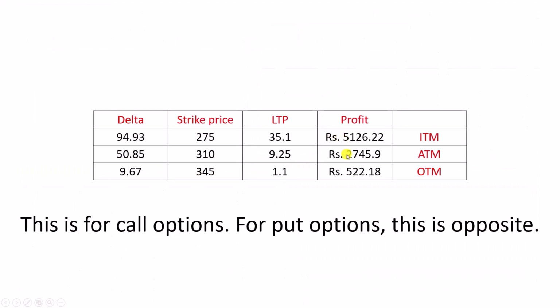Basically here, coming back to this, according to what we have calculated, if the spot price decreases by 2 rupees, then I will lose this much. This will be my loss if I buy this strike price. If the stock price goes down by 2 rupees, this is my loss.